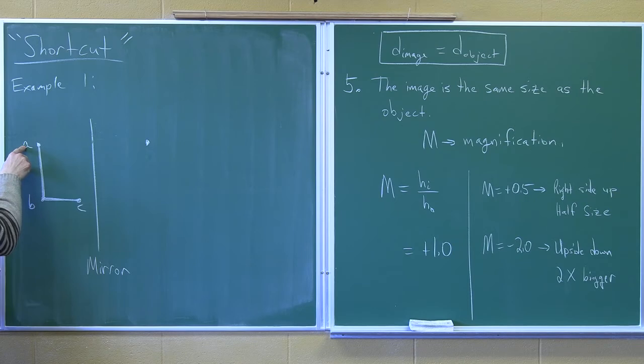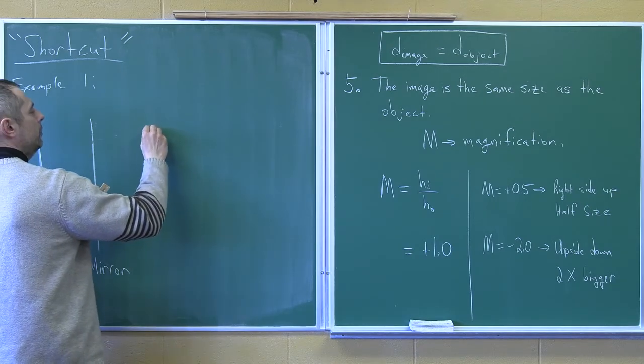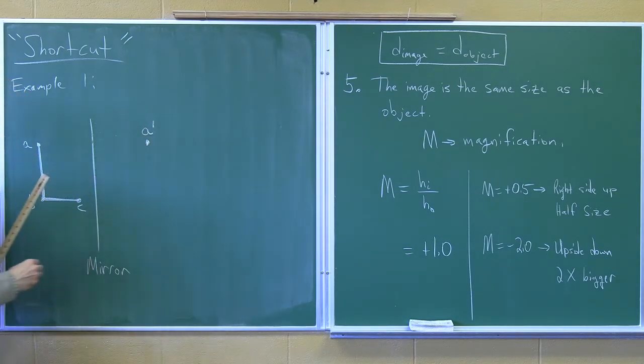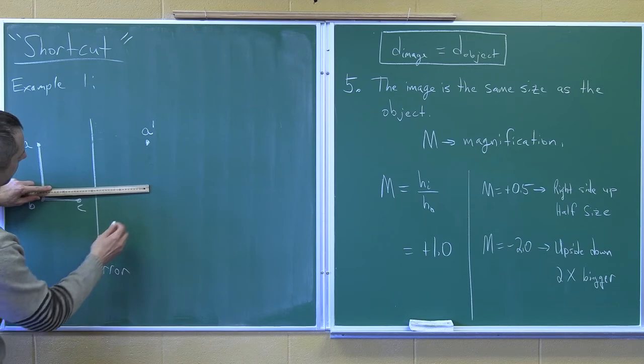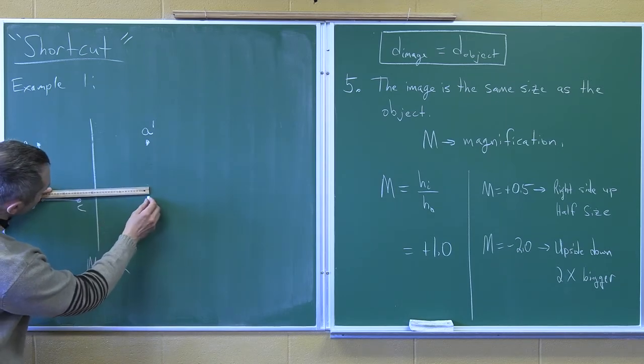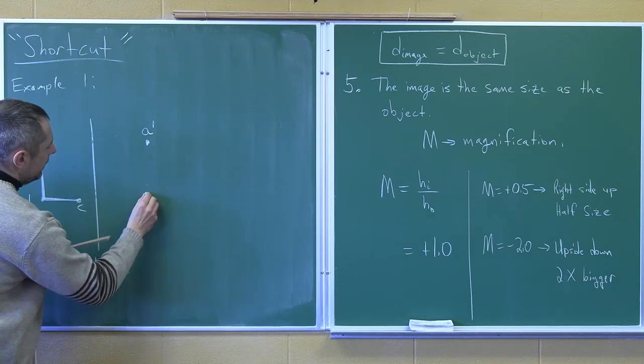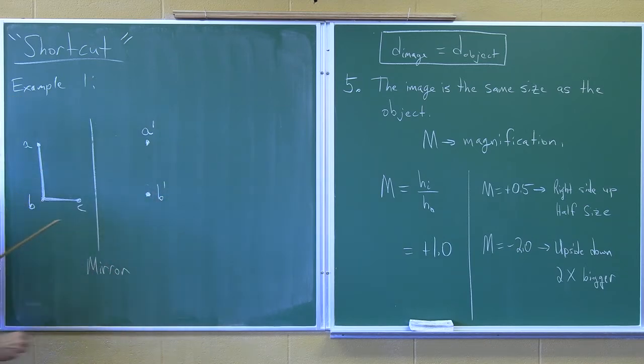And this is not where A is. It's the image of A, so I'll put an A prime. Okay, and I'm going to do the same with the other points. B is also 19 centimeters in front of the mirror, so I'm going to go 19 centimeters behind the mirror. And there is B prime.